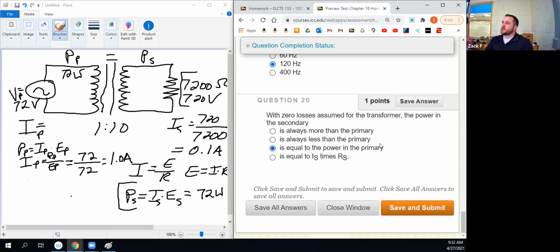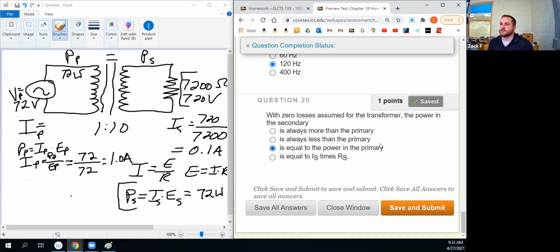That being said, and everything that I just preached to you about remembering for those turns ratio problems, that primary power equals the secondary power, there is something called loss. And that's where true power versus apparent power comes into play with transformers. It can be confusing. It's not super critically important for this class.